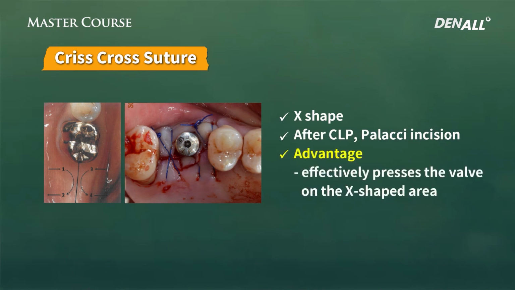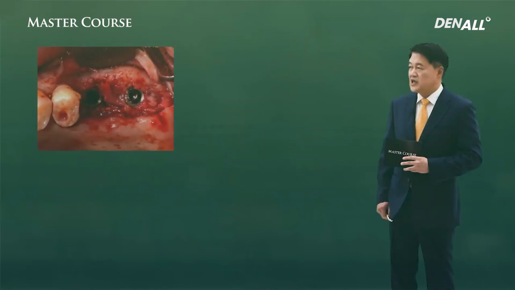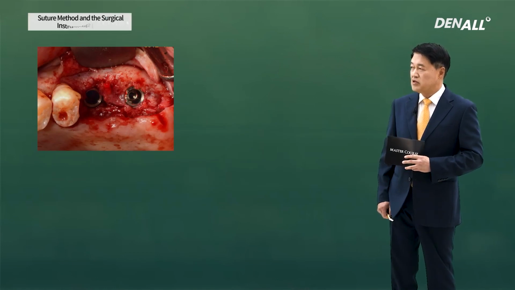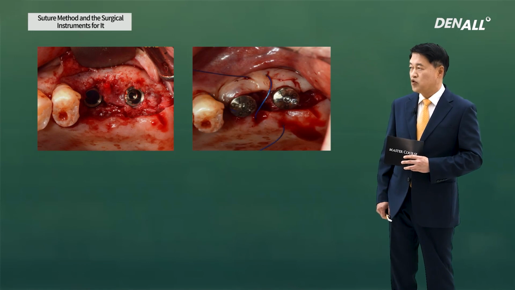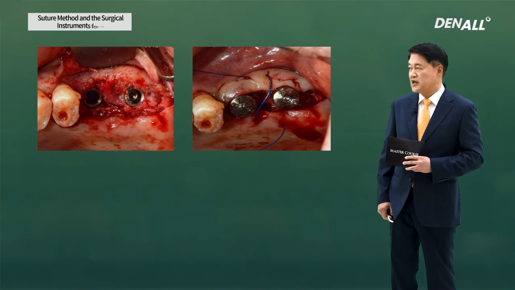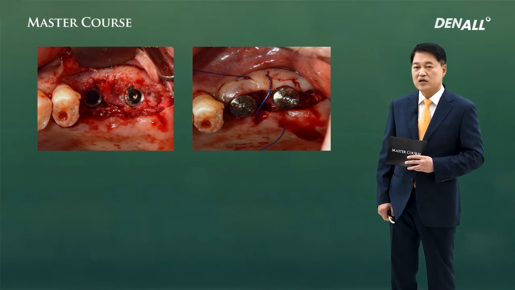So the advantage is it effectively presses the flap on the X-shaped area. So again, in this photo, after placing the implant, the healing abutment was delivered, and on the upper posterior, if you have a thick flap, then you cannot close it sufficiently.